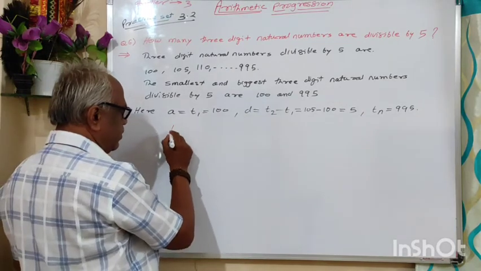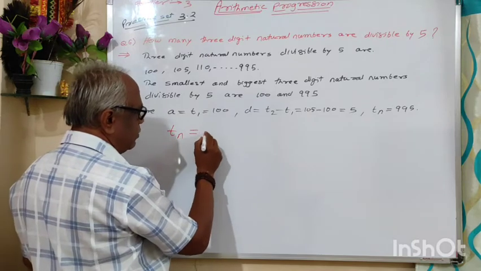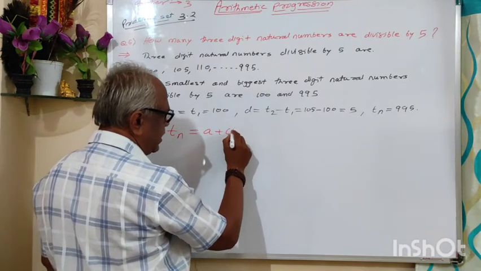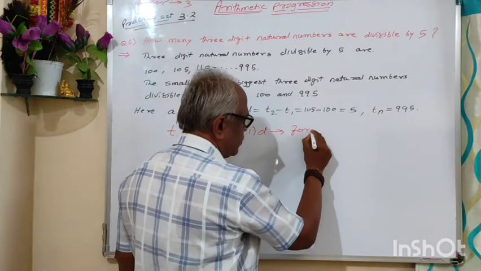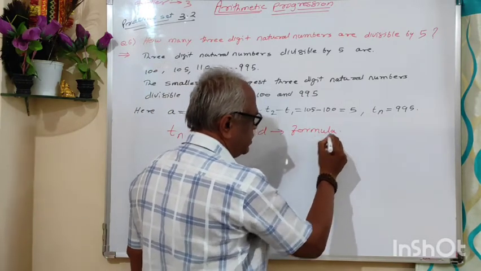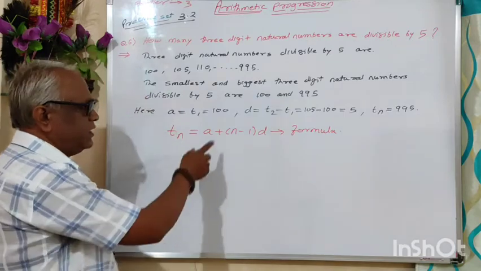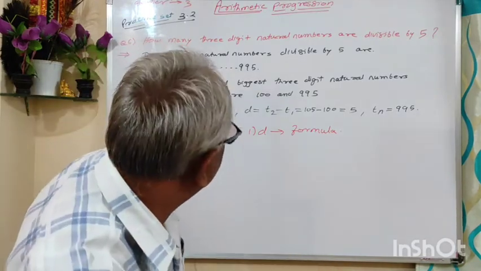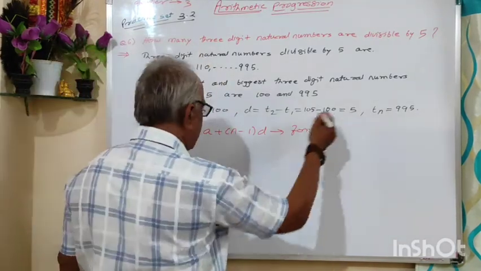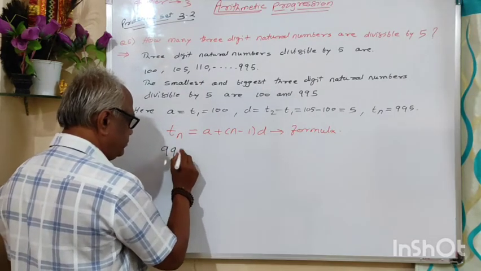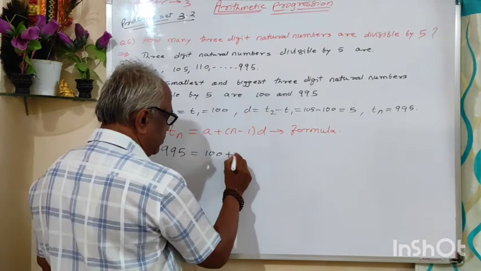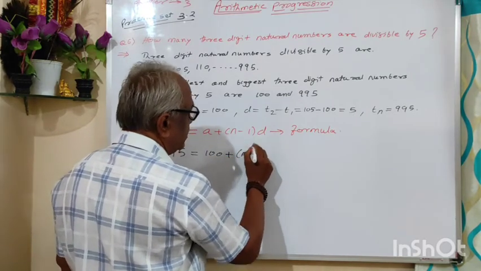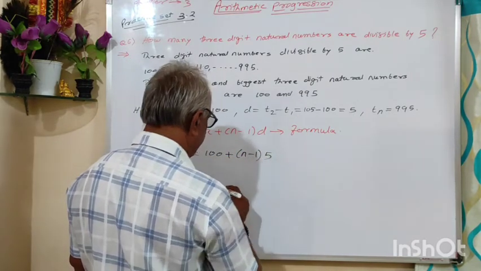So the formula we know is Tn is equal to A plus in bracket n minus 1 into D. This is our formula. By using this formula we are finding n. Now Tn is given, Tn is 995, which is equal to A, that is 100, plus in bracket n minus 1, and the common difference is 5.